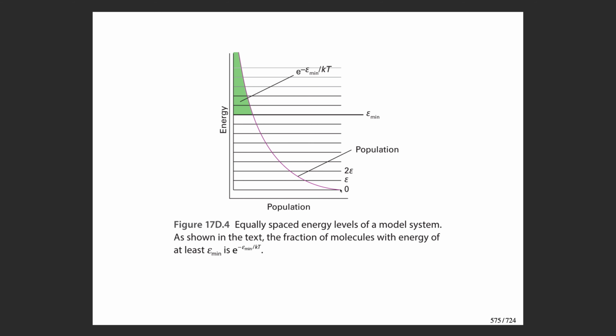And you can see that for low energies, there are lots of molecules that have low energies. As you go to higher and higher energy, you've got fewer and fewer molecules. That is, the distance to this axis is smaller and smaller. And so that corresponds to less and less population with these higher energies.